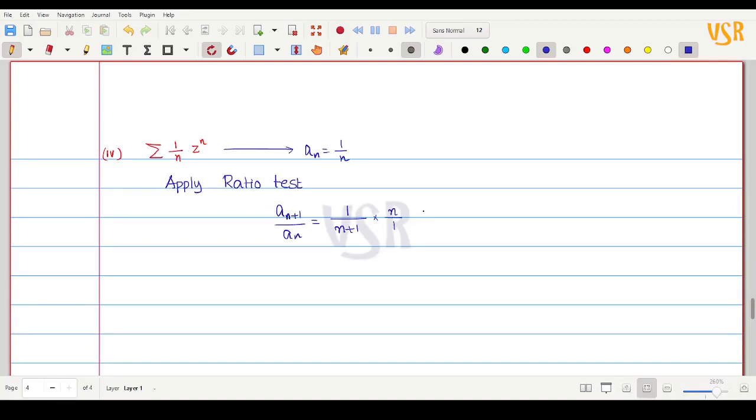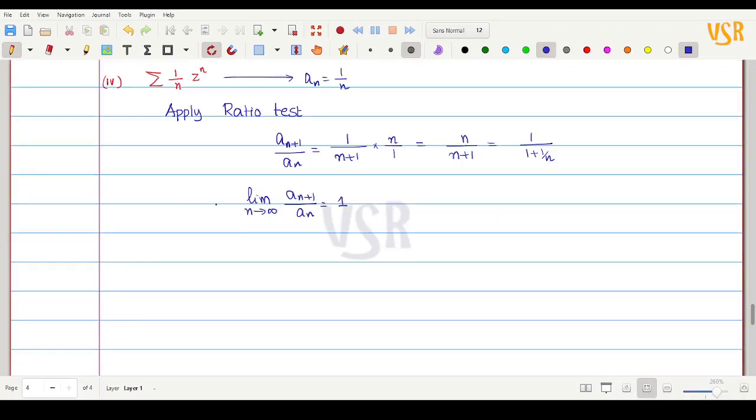That is equal to n divided by n plus 1. அப்போ n காமன் எடுத்துட்டீங்கன்னா 1 divided by 1 plus 1 by n. அப்போ limit of n tending to infinity, this an plus 1 divided by an which is equal to 1 divided by 1, so that is equal to 1.